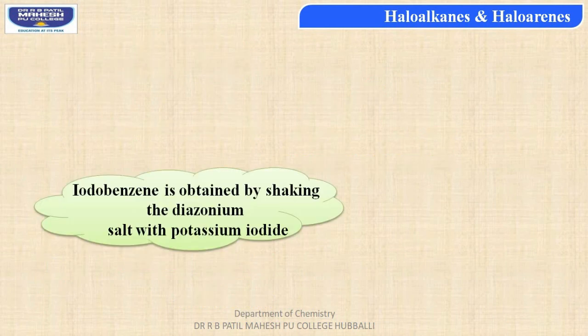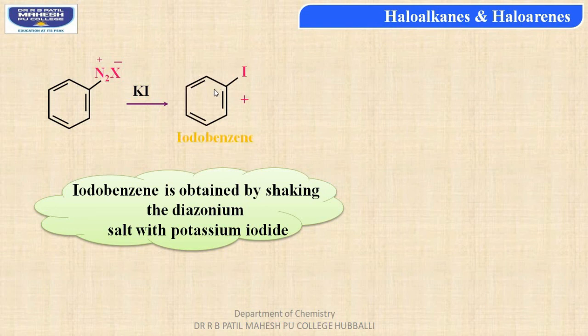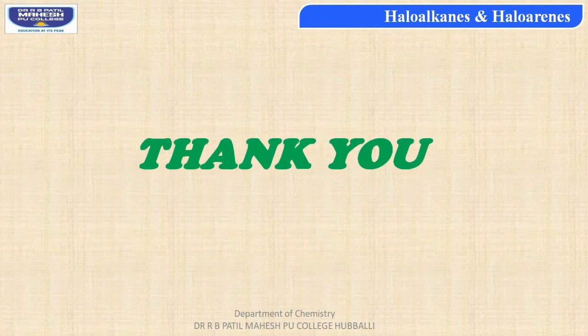Next, students, iodobenzene is obtained by mixing the diazonium salt with potassium iodide. Let us consider the reaction when benzene diazonium halide is reacted with potassium iodide, students, then we get iodobenzene with the liberation of N2 molecule.